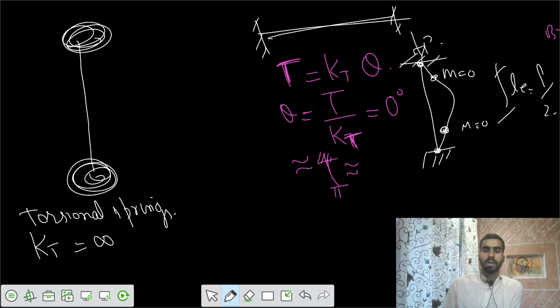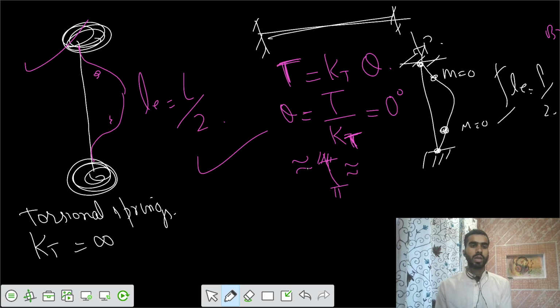That is similar to that of a fixed column. That means your effective length would be equal to L by 2 for this case, if both springs have KT equal to infinite.